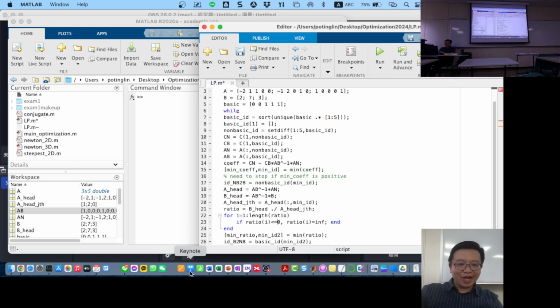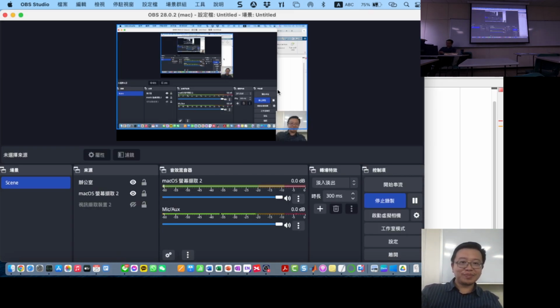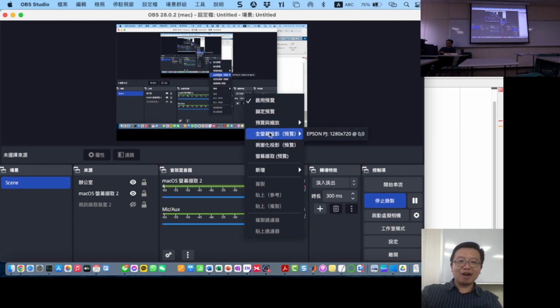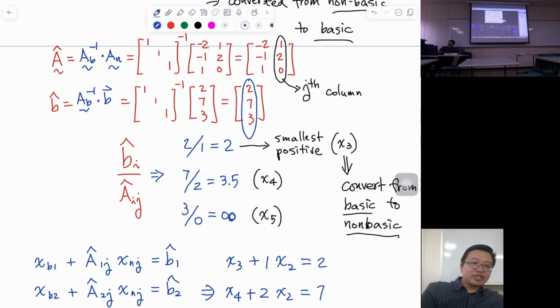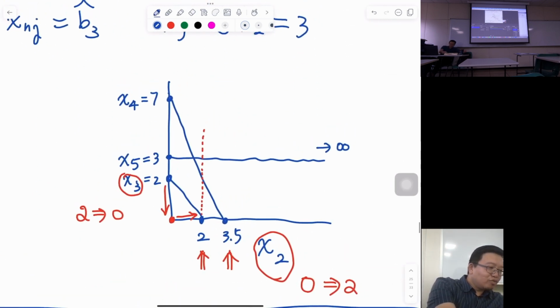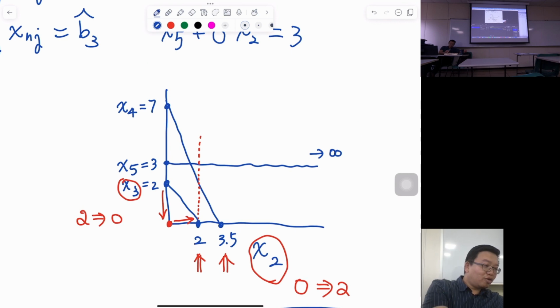So why is that? Let me show you in the note. I didn't cover this part last time. In the ratio test, we draw this line, right? So in the case where we have the ratio test equal to 0, that means a function is like this.